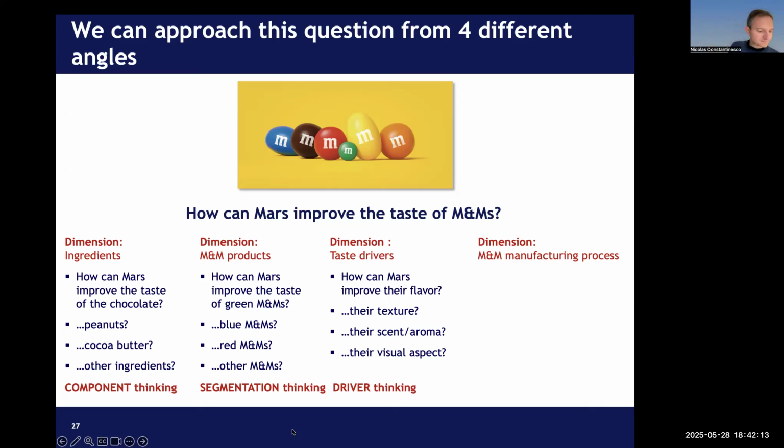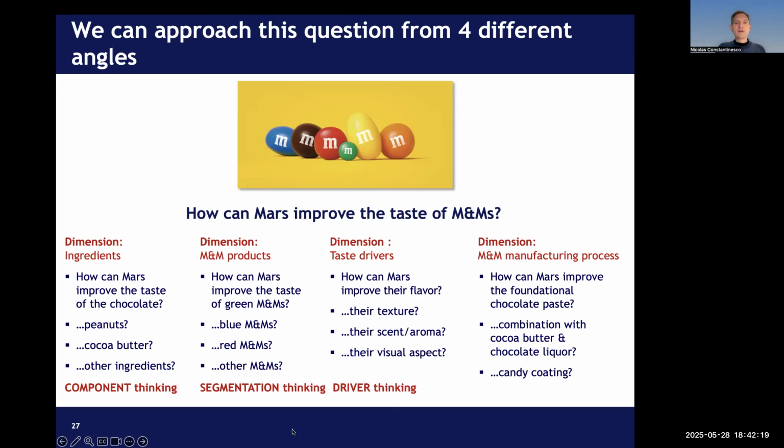That's the idea. So then I can say, how can Mars improve the foundational cocoa chocolate paste? That's the first step in their process. Then the combining with the cocoa butter and the chocolate liquor, and finally the candy coating. Okay, their process is a bit more complicated, but you get my point. So this is called process thinking.